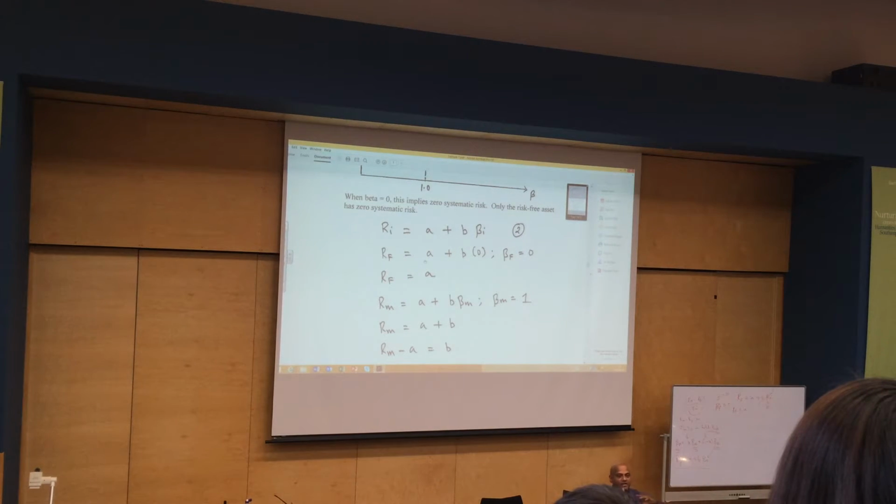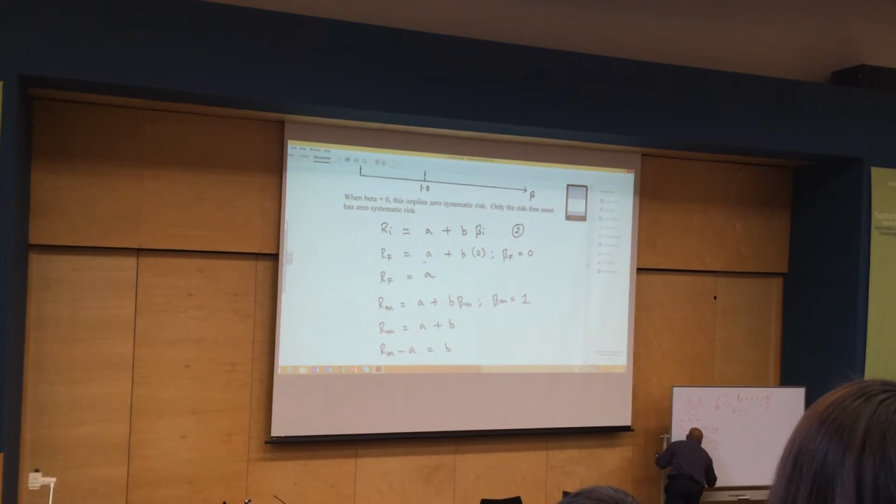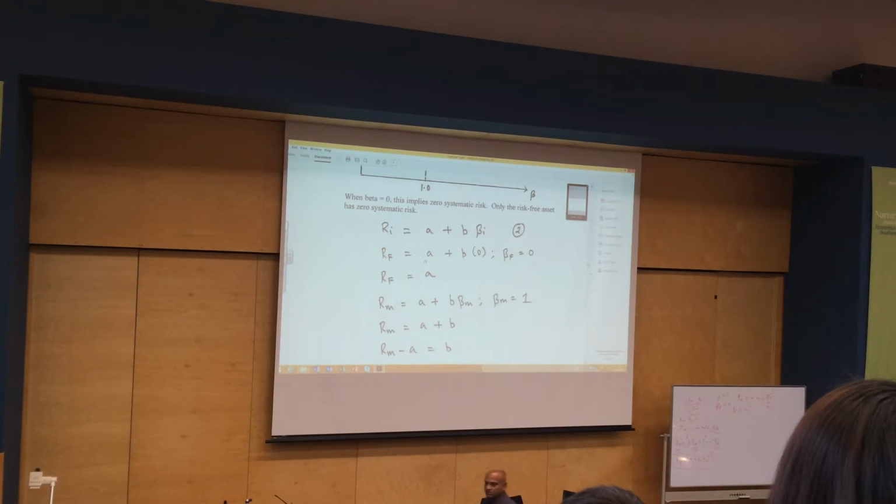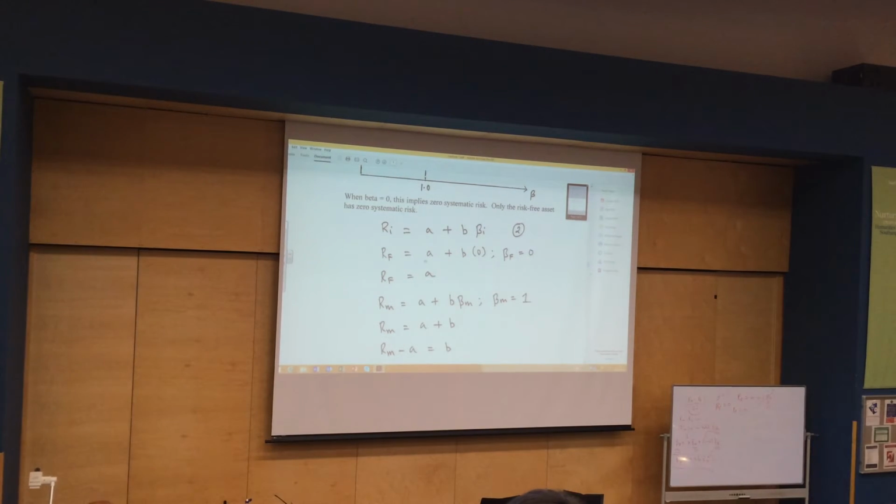Every asset has this equation. Asset 1 to asset n has this equation. Every asset has a relationship between its return and its systematic risk.